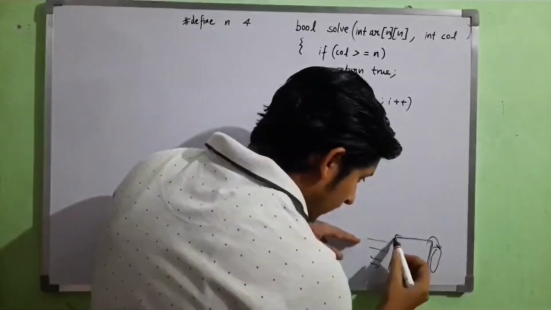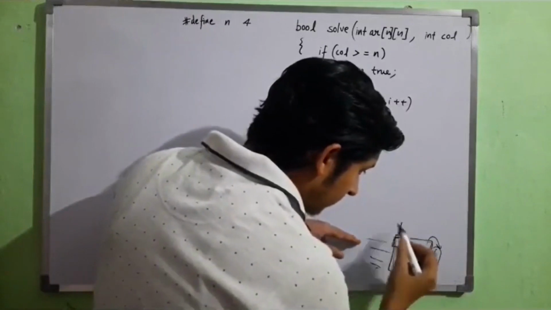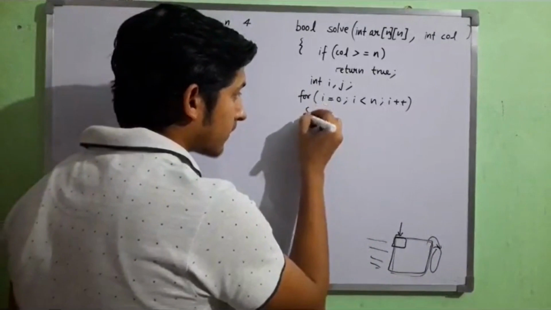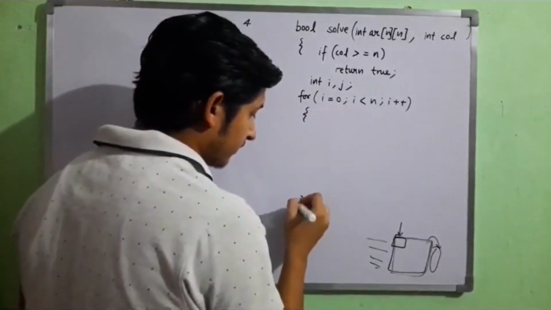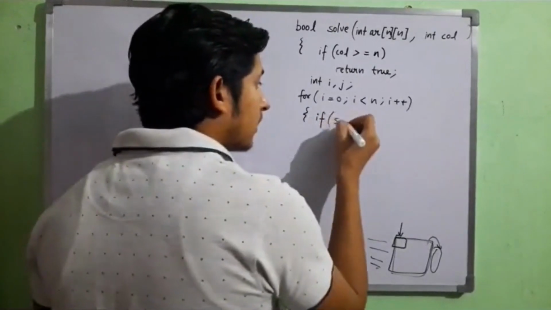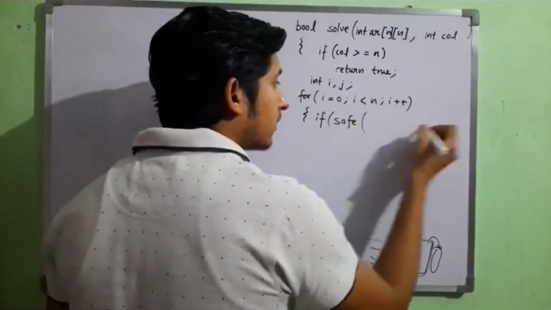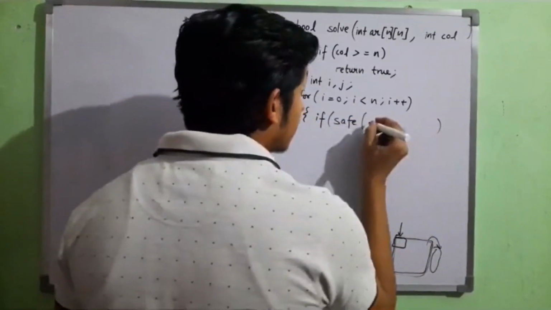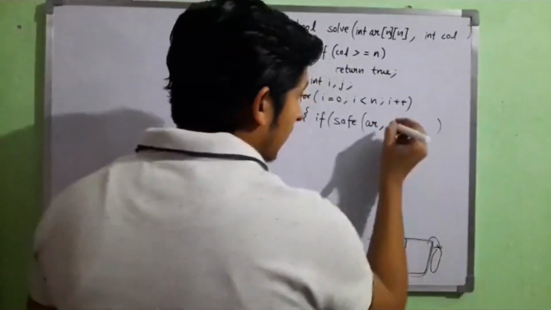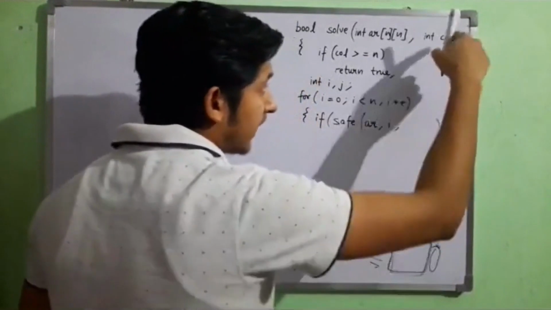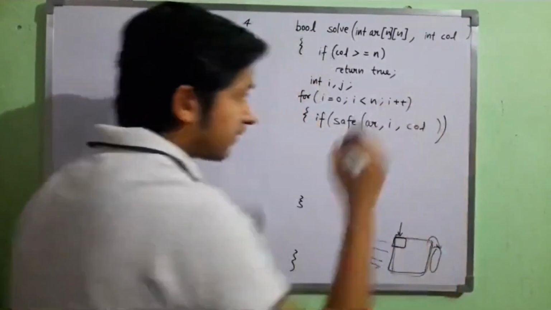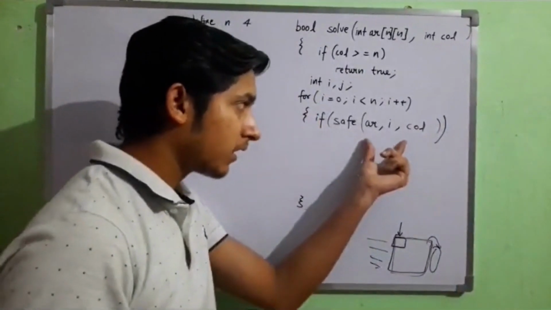If in that particular given column that place is safe, so if I find it safe in this array, ith row and this column, then it will return true.